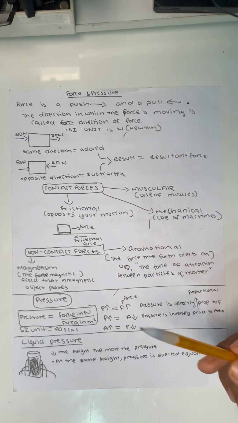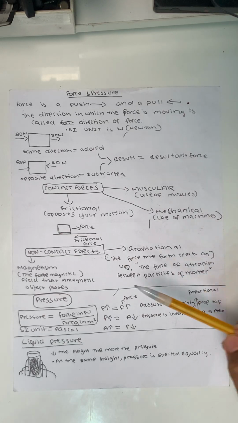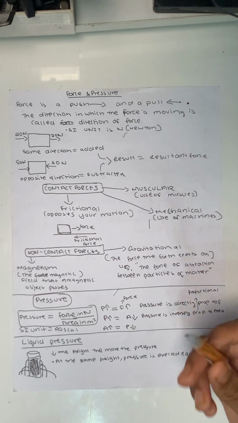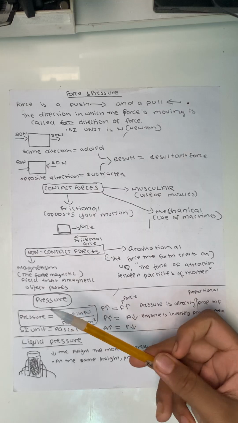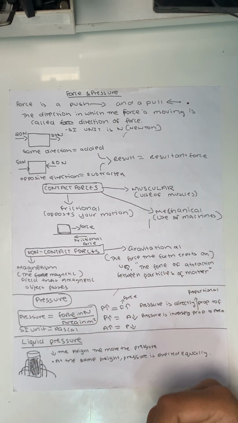These charges are called electrostatic charges, and this is the force that it exerts. For example, if this pencil gets a positive charge and you bring it near a negative object, it will attract that object.